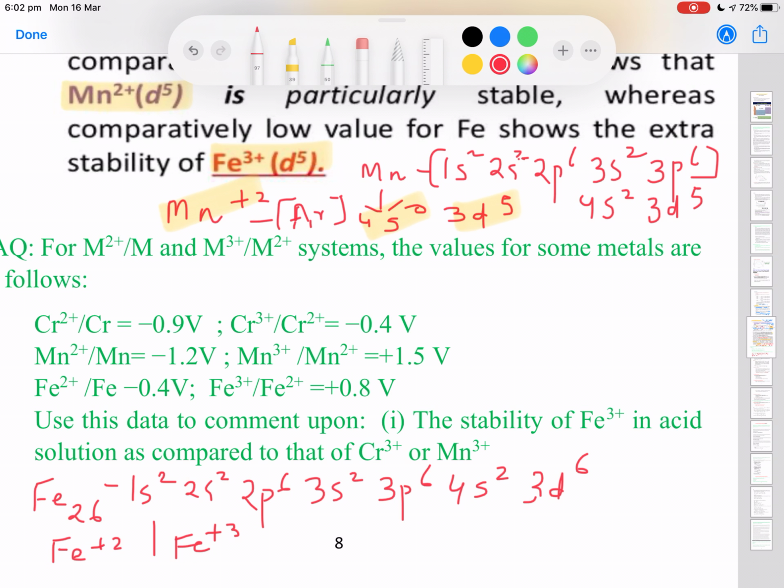Now understand it carefully. If I want to write the configuration for ferrous, that is Fe plus 2, I can't write 26 here. 2 electrons have been lost, so it becomes 24 for me. So I have to fill 24 electrons.